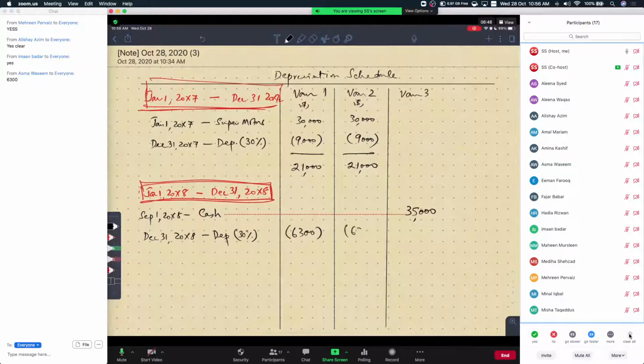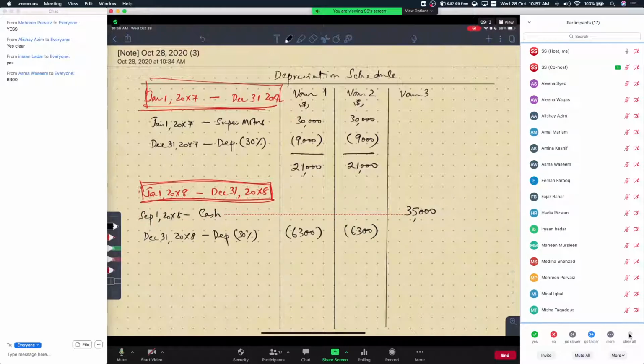And both of these vehicles are going to be depreciated for the entire year, because these vans in the current year were used for the entire year from 1st of January till 31st of December. But the third van here was not used for the entire year. This was bought on 1st of September. So September to December, it was only used for 4 months, right?